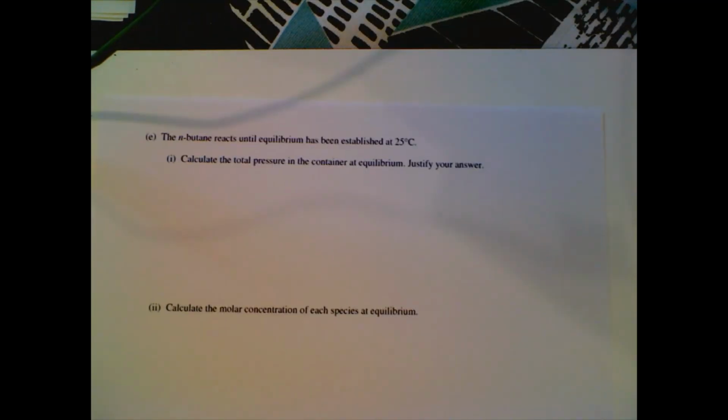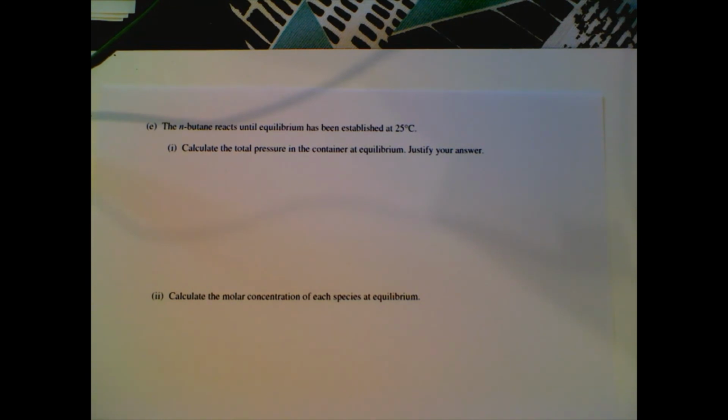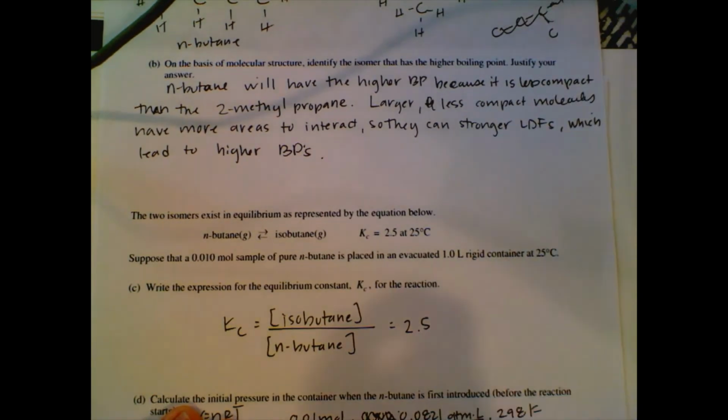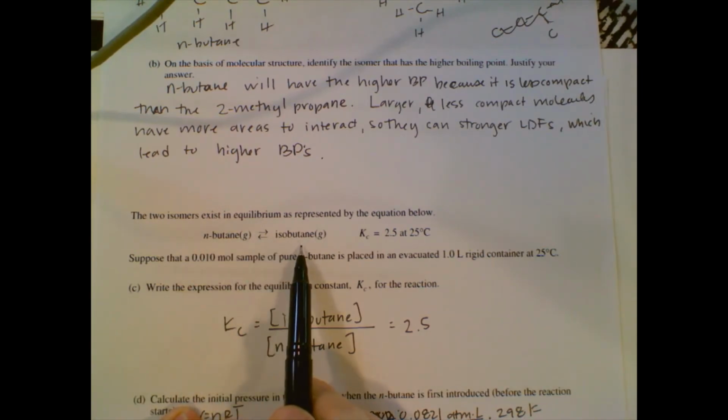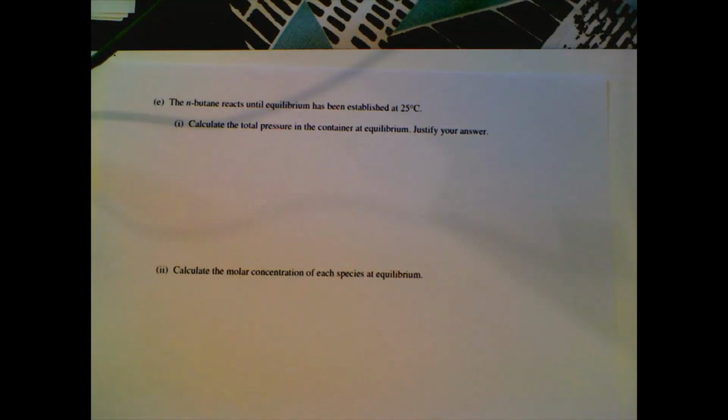Okay. For part E, it says the N-butane reacts until equilibrium has been established. Calculate the total pressure in the container at equilibrium. And then it says to justify your answer. So in this situation, if we look at our equation, because it is a 1-to-1 mole ratio, it kind of doesn't actually matter what is going to happen inside your container.